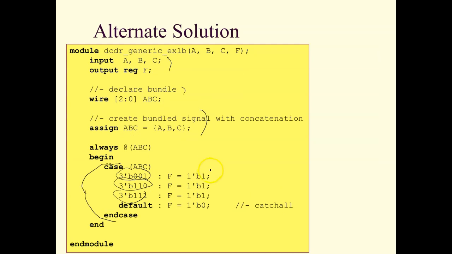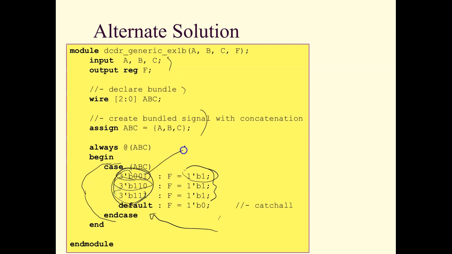Okay, so for each of those cases here, what I'm going to do is assign a 1, and then every other case is going to be assigned a 0, which I'm going to do via the default, which is the catch-all for a case statement. Now notice this one, I could have assigned these as 1 and 0, but actually used official binary format, which is 1 tick B0.